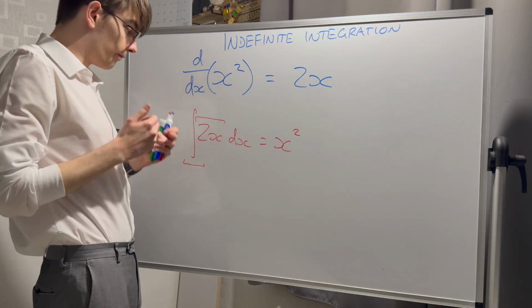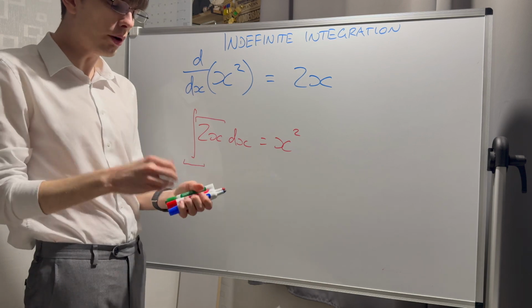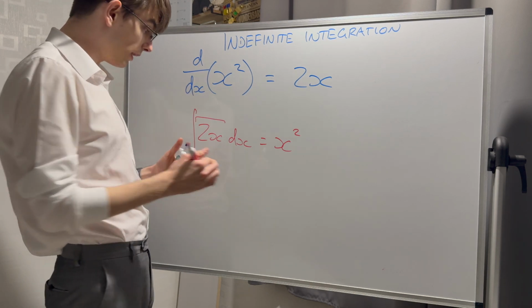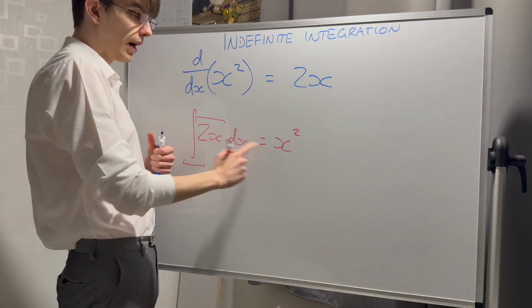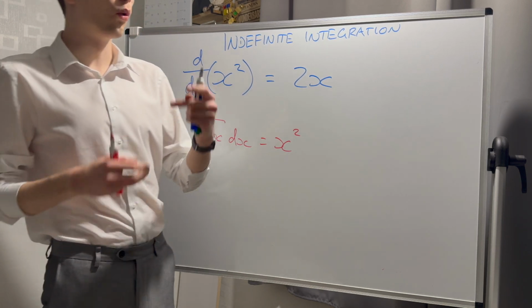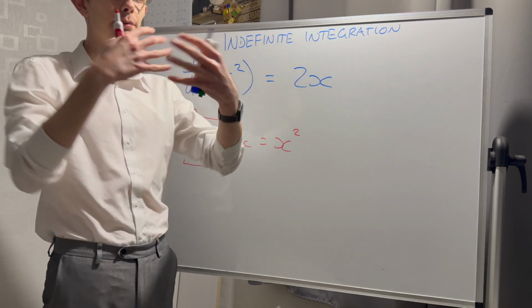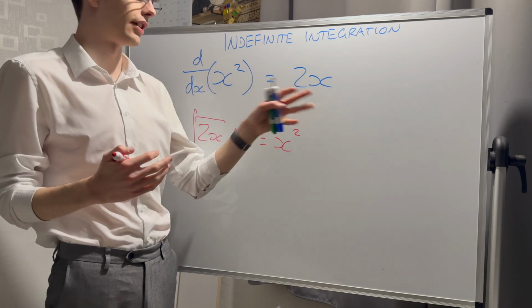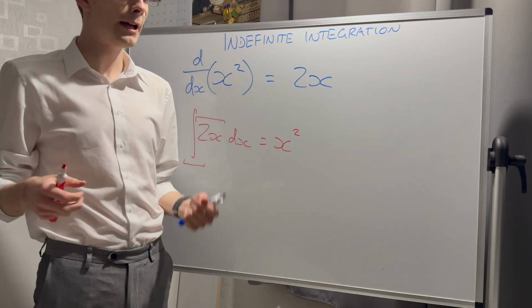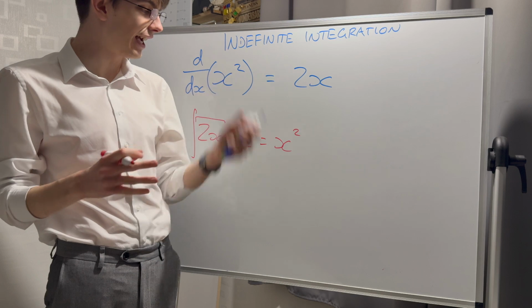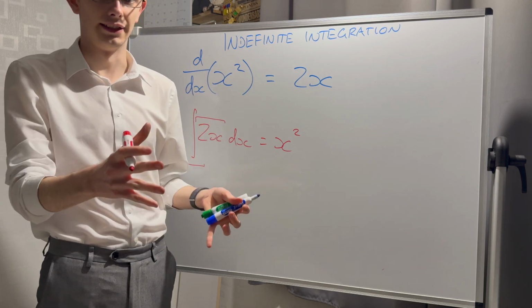Okay, so this is how we would write it, but how do we actually calculate it? How do we go from the integral of 2x to x squared? Well, there's no real simple way of doing it like we have with differentiation and first principles, and that's because it's a tad bit more complicated.